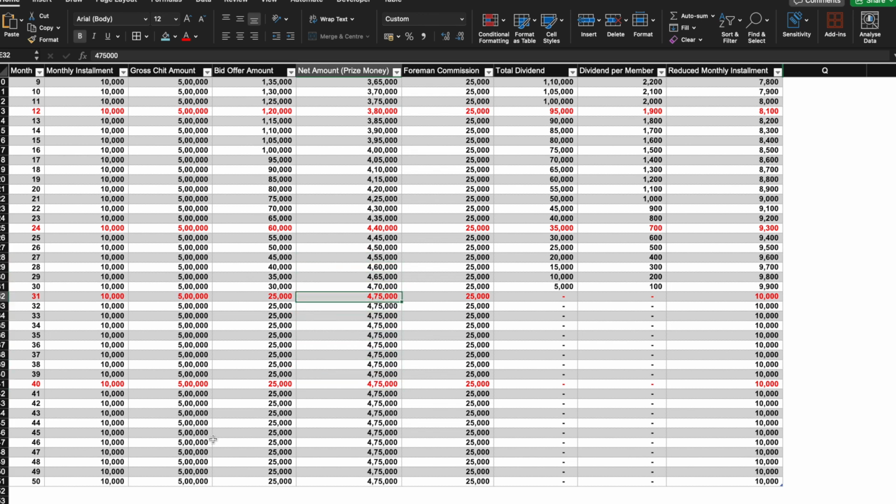Let us see, from month 31 there is no more sense in waiting any further, at least when you take this, where you are going to get the same amount as what you would get when you wait till the end of the tenure, right? So for this particular example, it makes more sense to not wait any further than the 31st month, at least, where you get 4,75,000, which will be debt free, or free of cost, for the remaining 20 months.